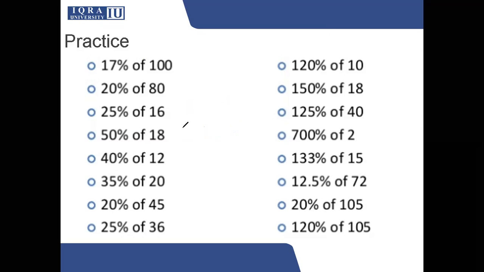Similarly, 50% of 18, we can solve it like this: 50 divided by 100 multiplied by 18, right? Or we can just think of 50% as what? Which is half, right? Half of 18. Half of 18, we know it's 9. Without any calculation, we should know that if we halve 18, we get the number 9, right?